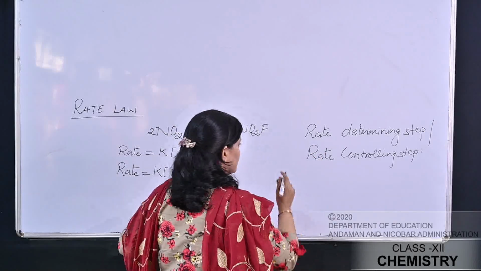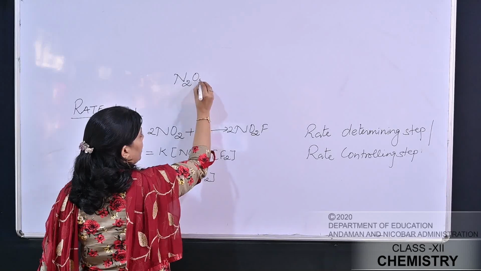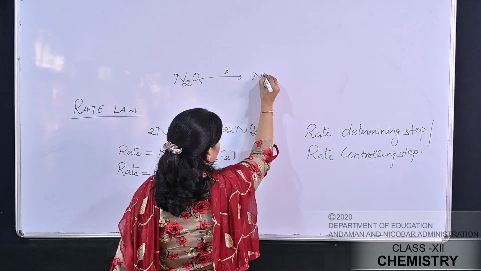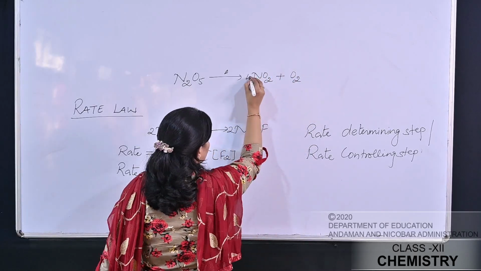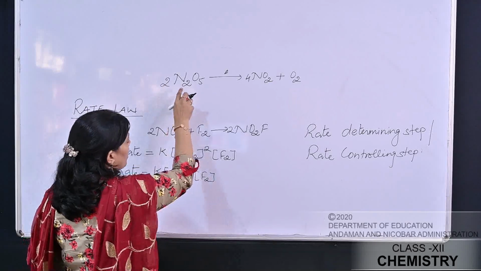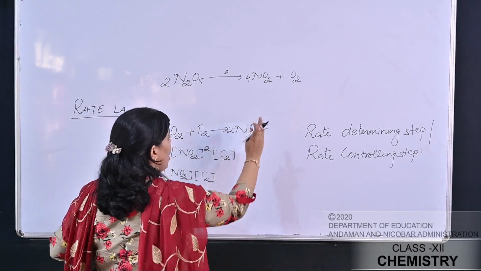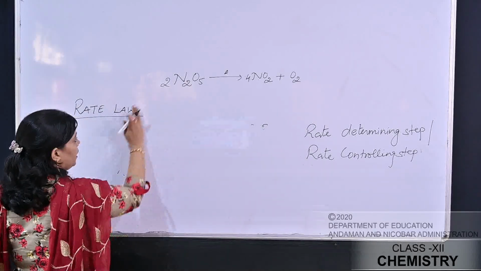Let us take an example, the decomposition of dinitrogen pentoxide. On thermal decomposition it gives nitrogen dioxide plus oxygen, and on balancing, 2 moles of dinitrogen pentoxide give 4 moles of nitrogen dioxide plus oxygen. From experimental studies, it is found that this reaction proceeds in 2 steps.